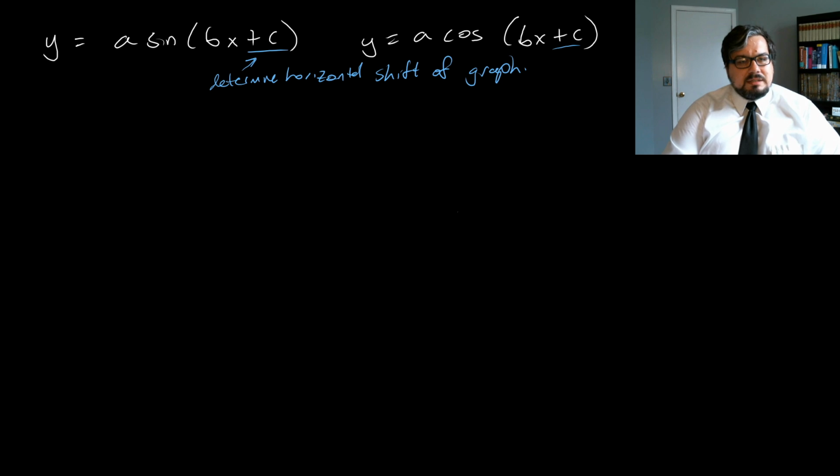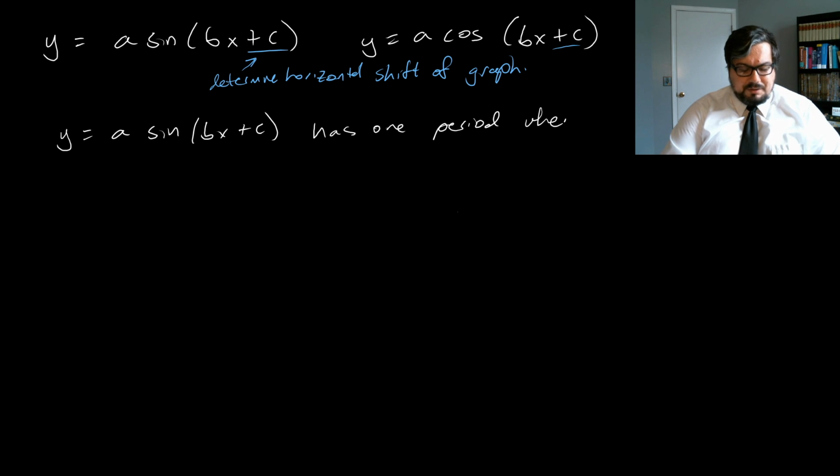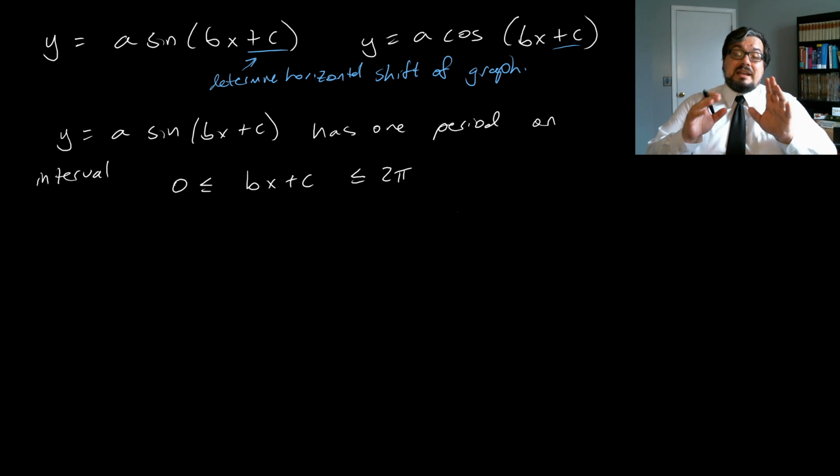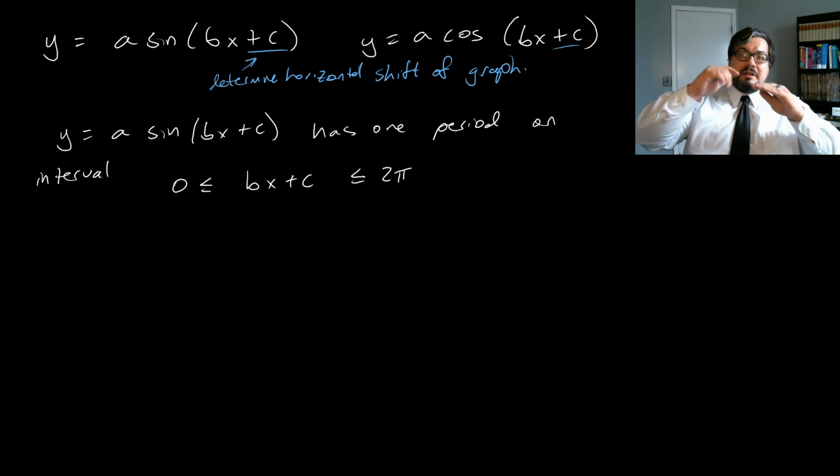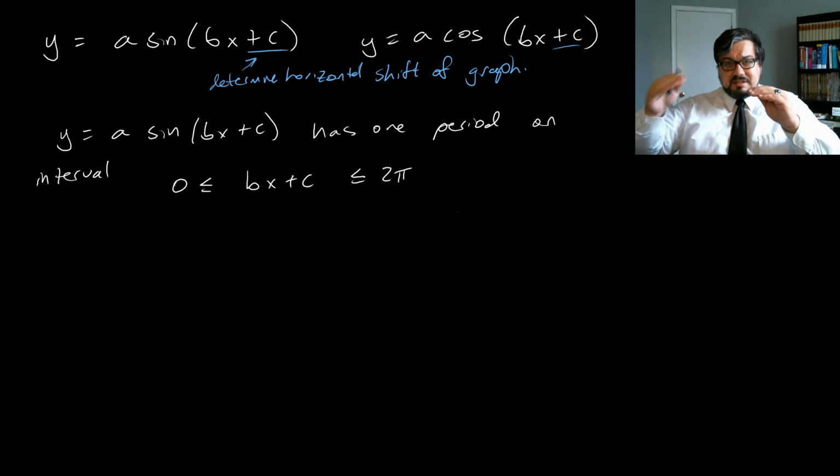So let's look at this the following way. If I've got y equals a sine bx plus c, I know that this has one period on the interval where bx plus c, the inside, goes from 0 to 2 pi. And that's because I know that sine by itself is a function with period 2 pi. And therefore, its normal 0 to 1 to 0 to negative 1 to 0, its normal cycle, happens over the interval from 0 to 2 pi.